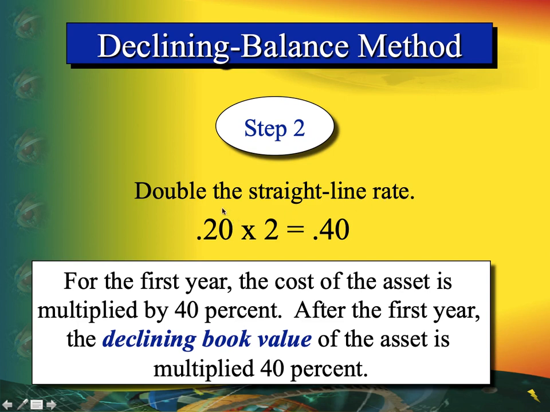The rate that you calculated before is 20%. You have to double it, so multiply by 2, it will become 0.4 or 40%. For the first year, the cost of the asset is multiplied by 40%. After the first year, the declining book value of the asset is multiplied by 40%.